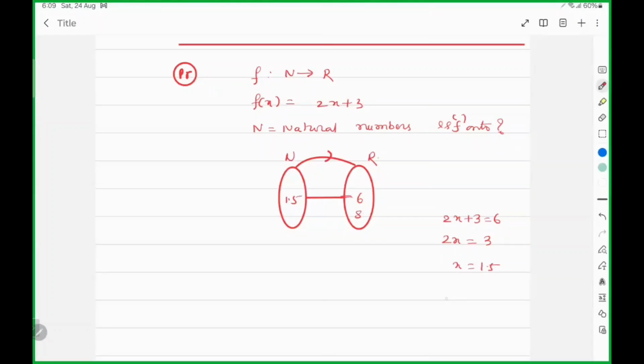If you take 7, 2x plus 3 is equal to 7, 2x is 4, x is equal to 2. For 7, the pre-match is 2. For 6, the pre-match is 1.5. But 1.5 is not a natural number. Therefore, f is not onto.